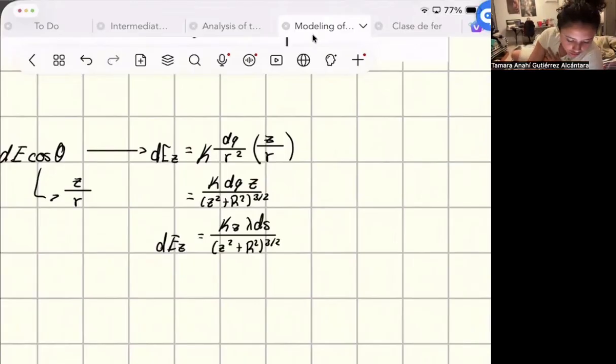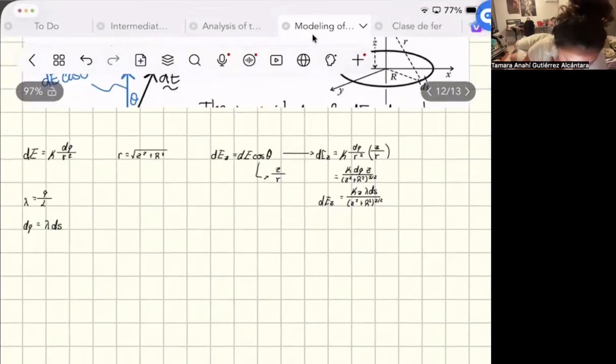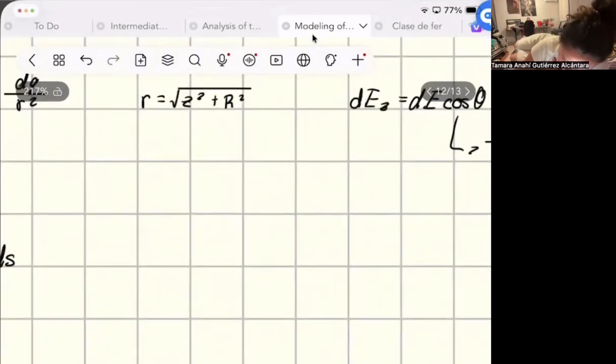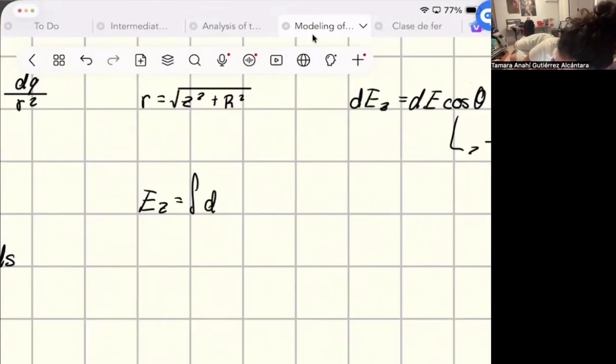Okay, so now we integrate over the whole thing, so it's Ez equals the integration of dEz.